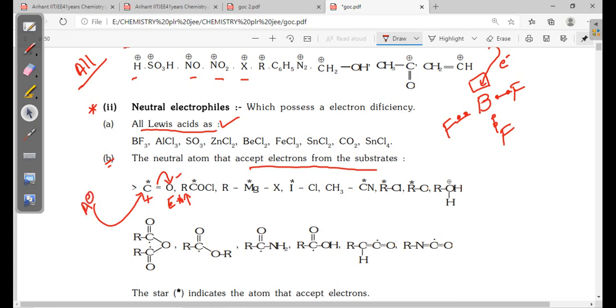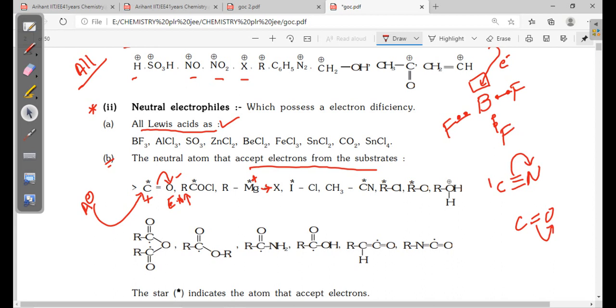So here magnesium, this X means halogen. This electron is taken by the halogen, so magnesium is getting plus. Then you can see here, whenever a carbon is bonded with multiple bonds to a highly electronegative atom like nitrogen, C double bond O, in these cases it also acts as an electrophile, because the pi bond is shifted to nitrogen or oxygen.